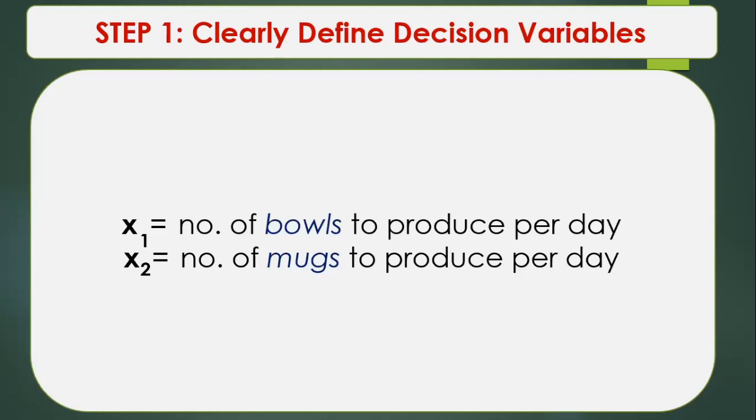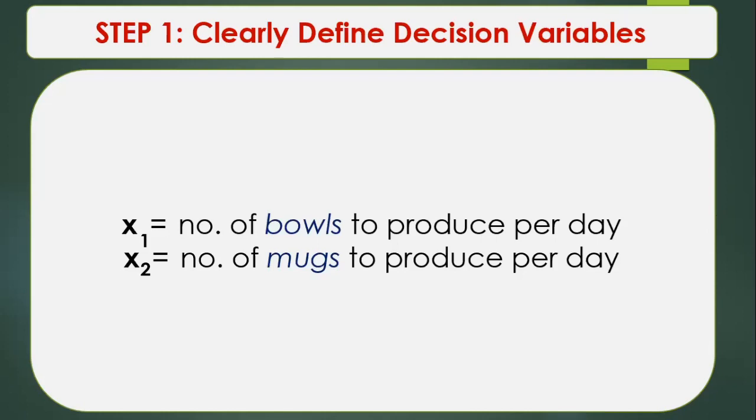Since we have 2 products involved, the bowl and the mug, our decision variables are x sub 1, which refers to the number of bowls to produce per day, and x sub 2, which refers to the number of mugs to produce per day.